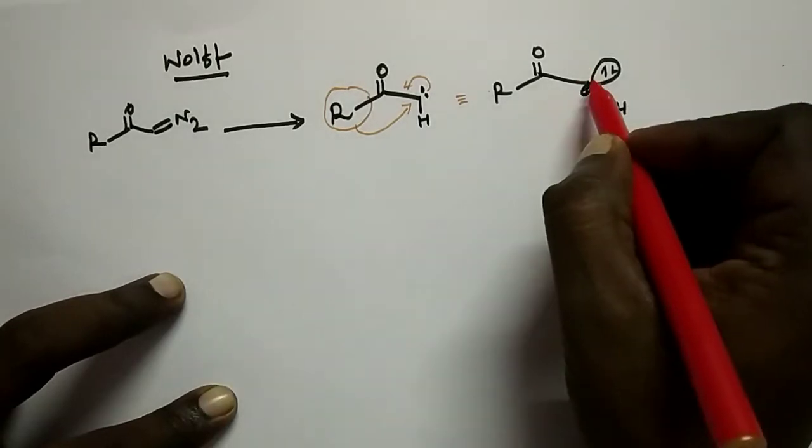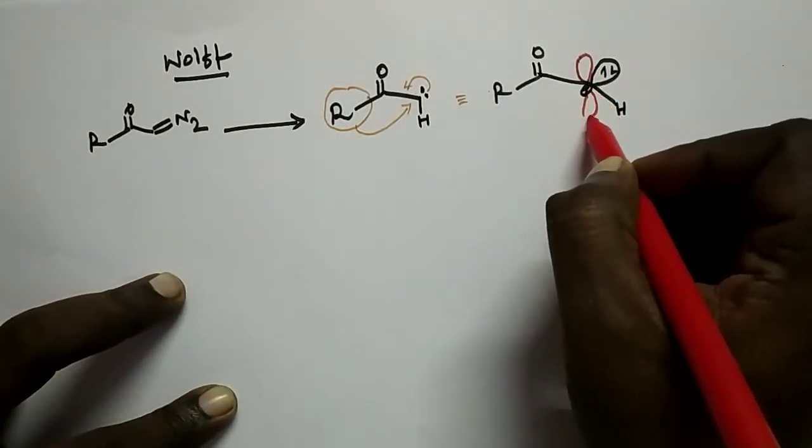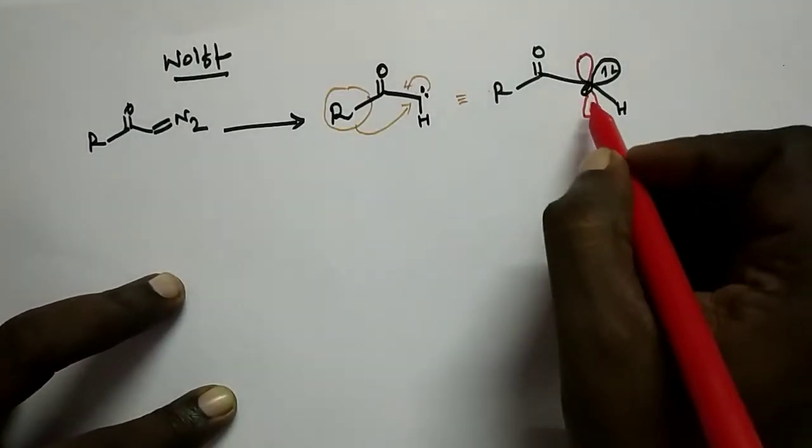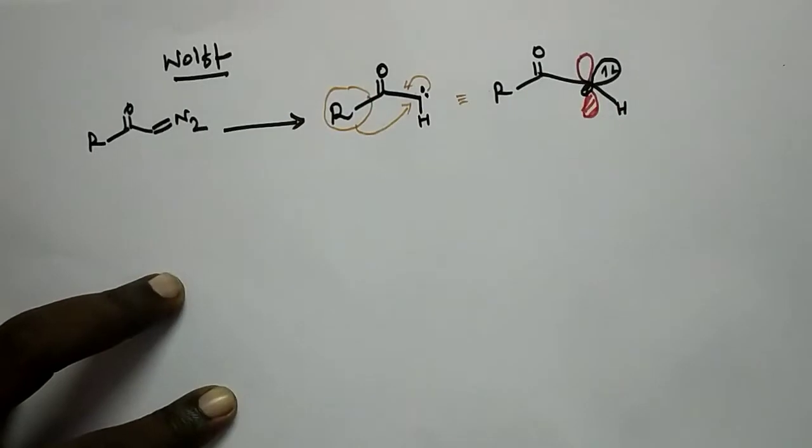In addition to that, you have a vacant p orbital.